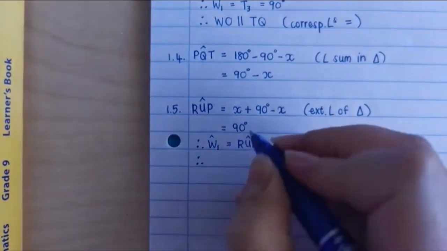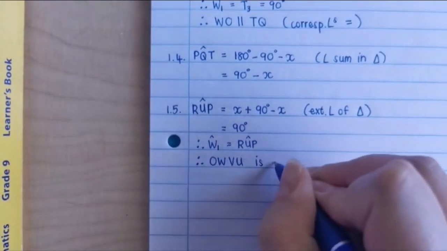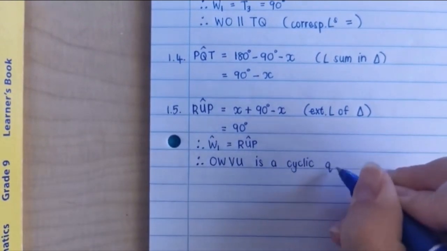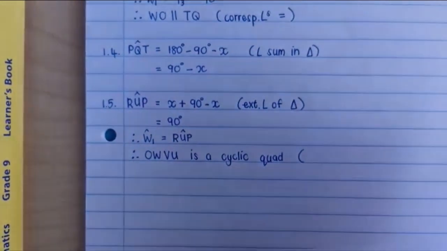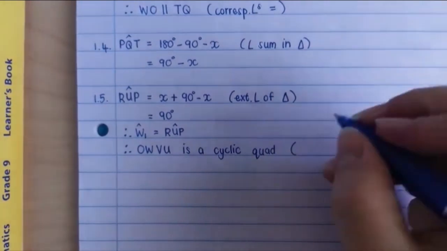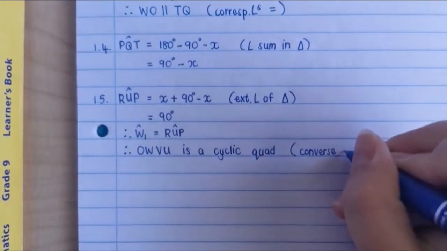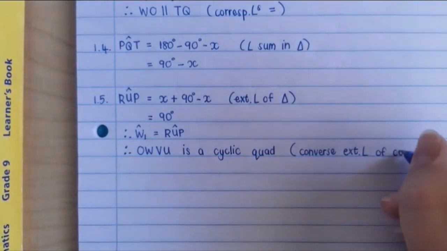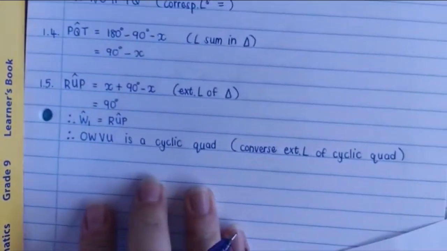Therefore, OWVU is a cyclic quad. And the reason now, remember when we're proving that something is a cyclic quad, we say converse exterior angle of cyclic quad. Oh, sorry, that's off screen. There we go.